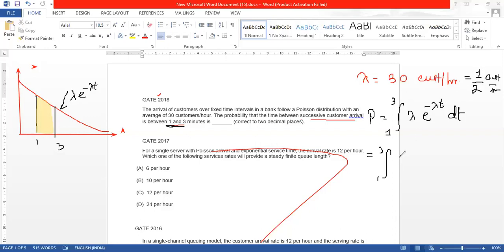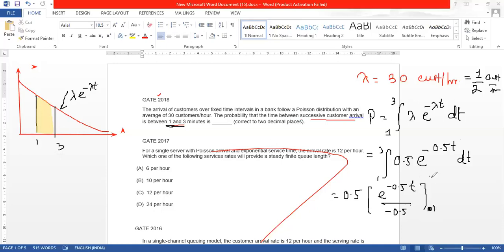Therefore this will be equal to 0.5 e raised power minus 0.5 t, we can perform this integration, divided by minus 0.5, and the limits of integration will be from 1 to 3.